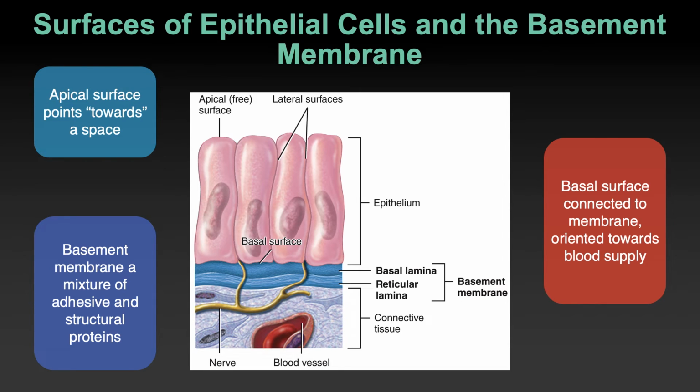It's always found between the layer of connective and epithelial tissue in an organ. Now, I won't go into detail about how the basement membrane is formed. It's not important right now. Know that it's there. Know that it anchors the epithelial cells to the connective tissue.